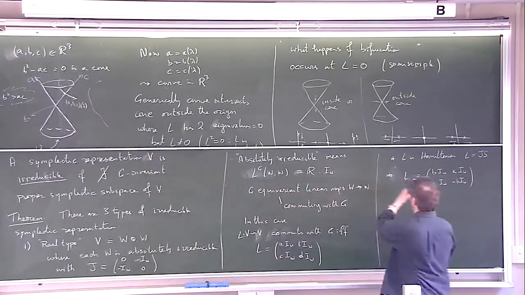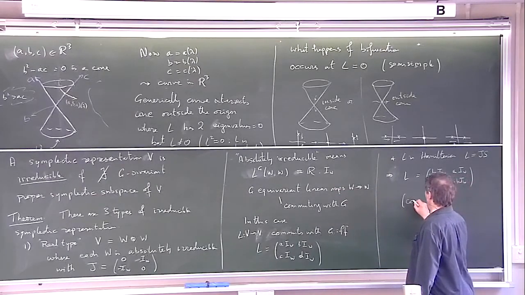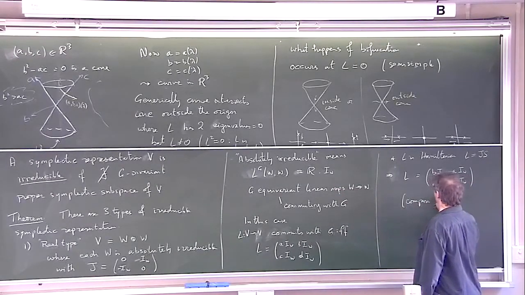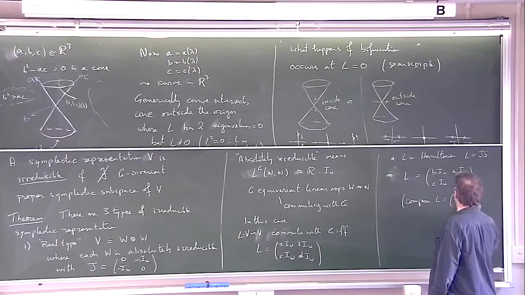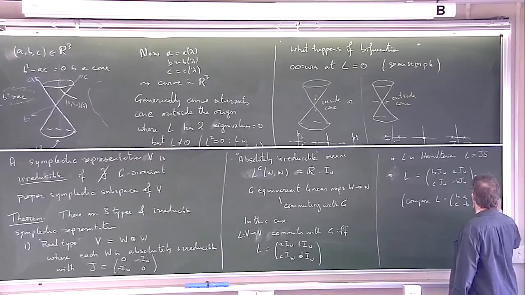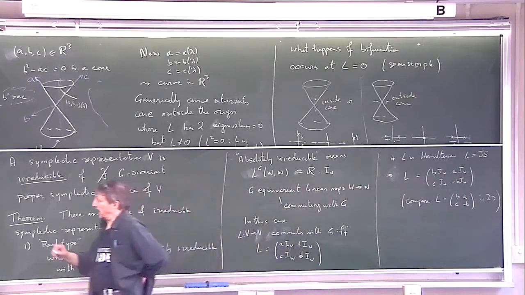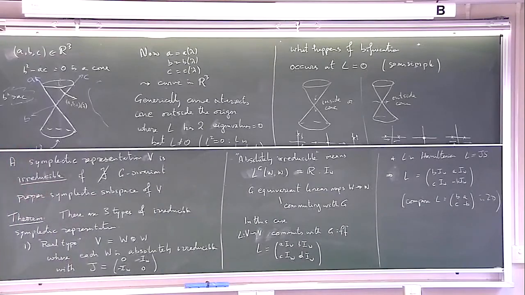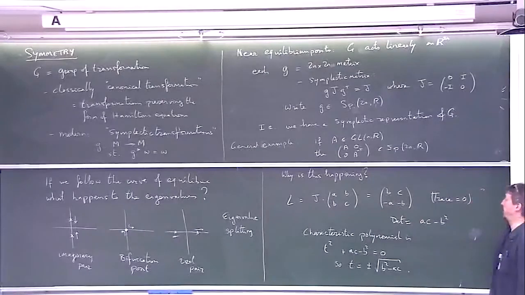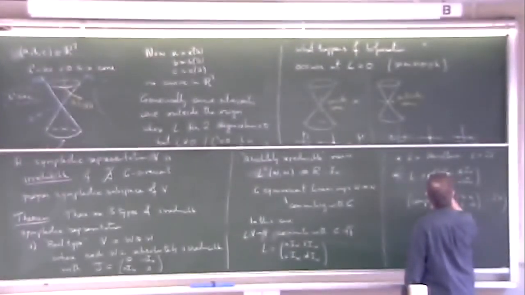So we can see that it's very similar to the two-dimensional case, what we were talking about before. Oh, I've got my C and my A the wrong way around. Let's put C here, minus A.